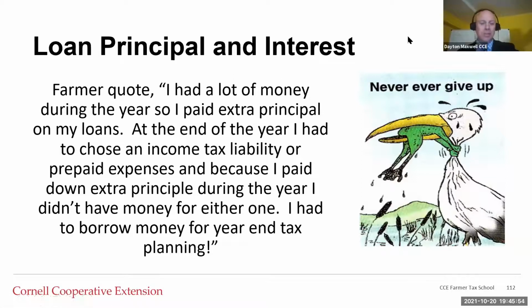That's really good because it gains equity and gets rid of some of that liability risk. However, at the end of the year, I had to choose to pay income tax or prepaid expenses. Again, the choice to pay income tax or reinvest in my business, but the farmer didn't have any money to do it because he paid down his principal on his other loans.